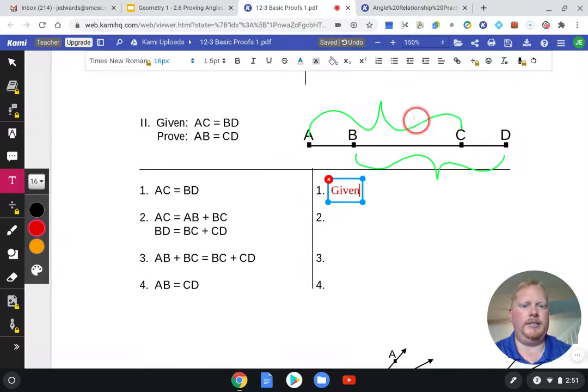So AC, this longer segment, is made up of AB plus BC. What's that called when we have one segment made up of 2 smaller segments? The way we learned it, this little segment plus this little segment equals the big segment. That's the segment addition postulate.